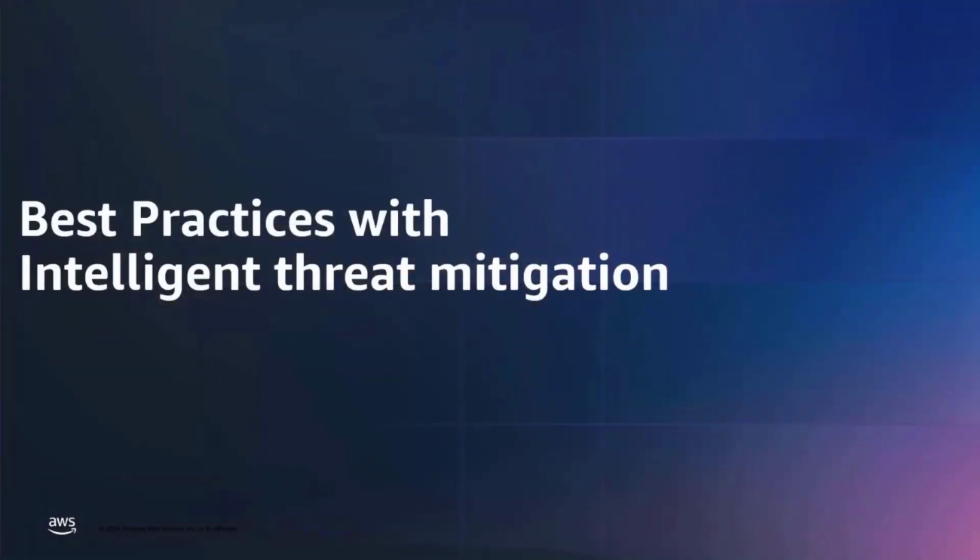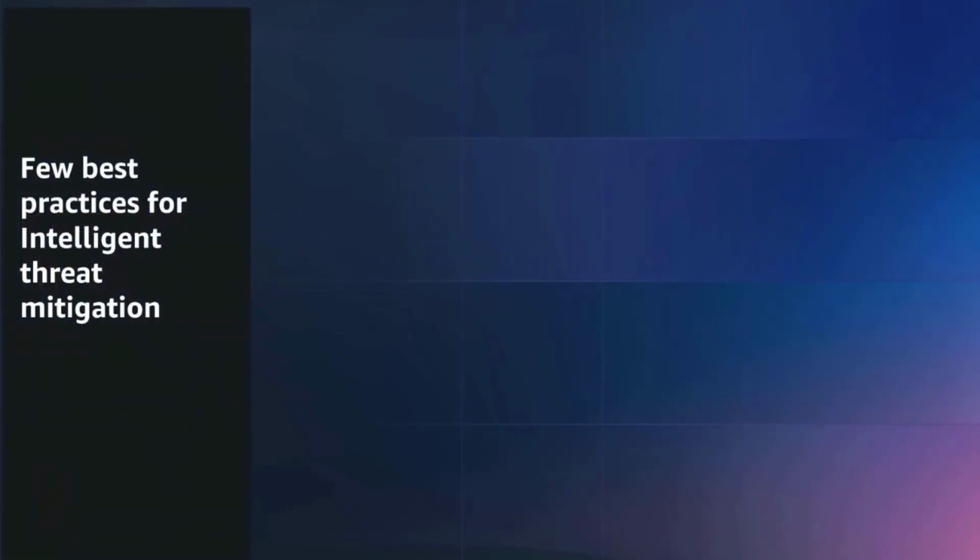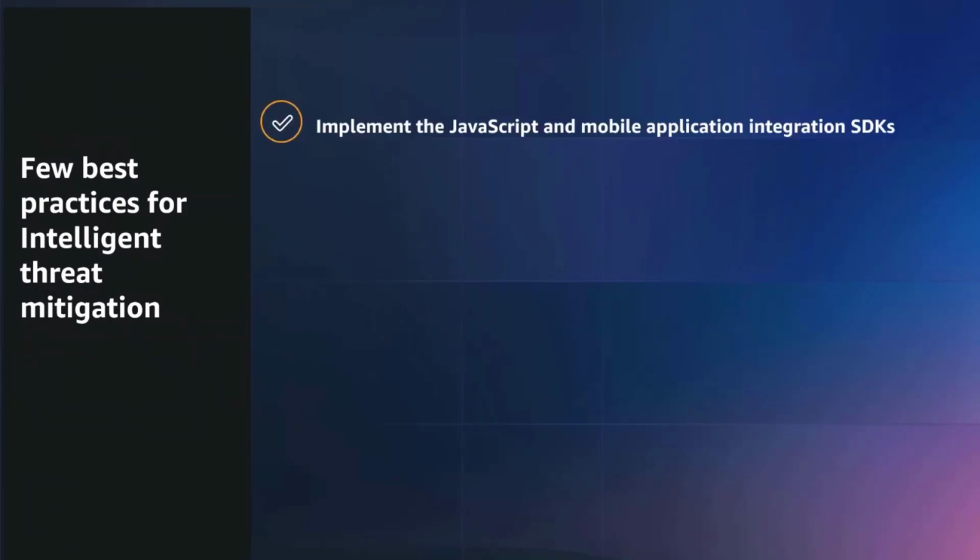That being said, let's talk about some of the best practices that you can use with the intelligent threat mitigation feature sets that we've been discussing today. Some of the best practices for threat mitigation is implementing the JavaScript and mobile application integration SDKs.